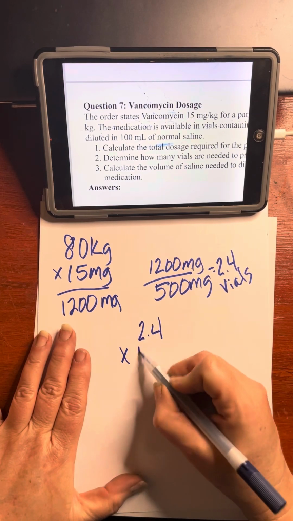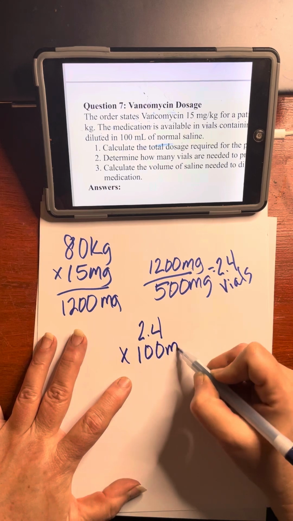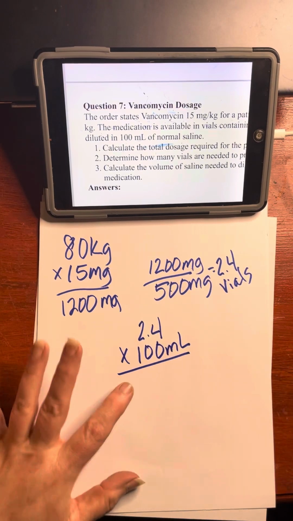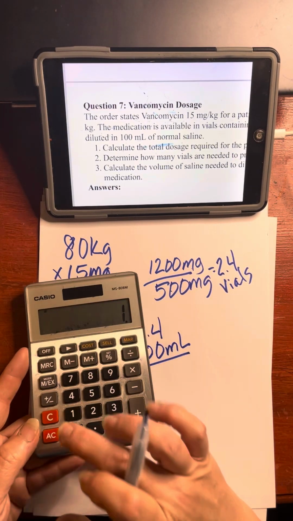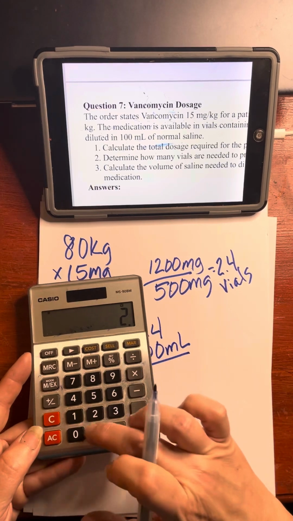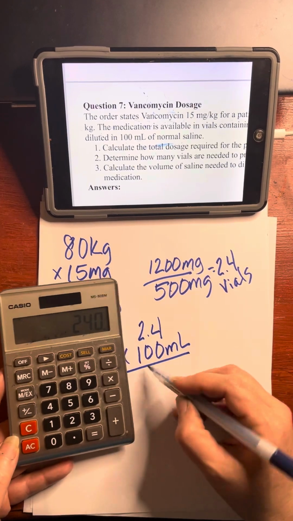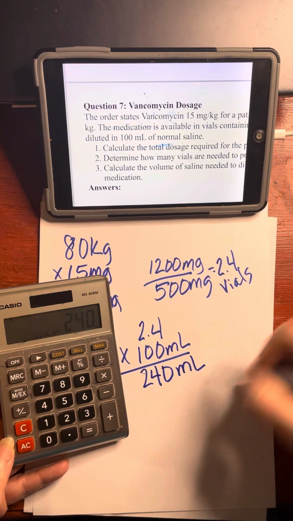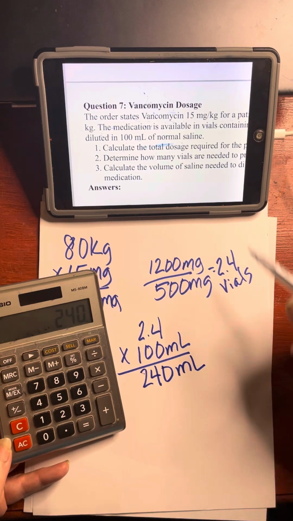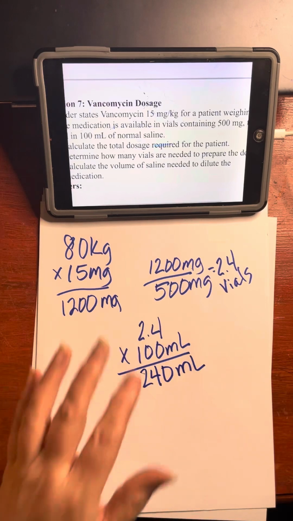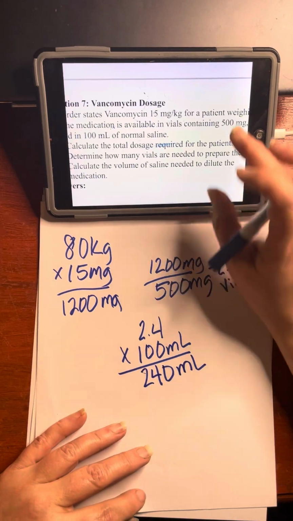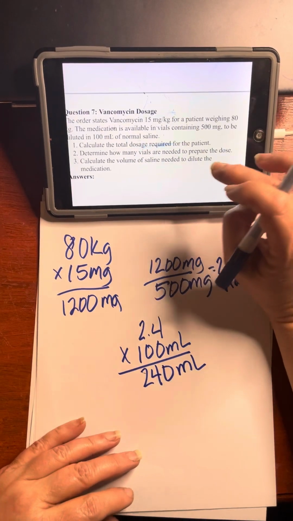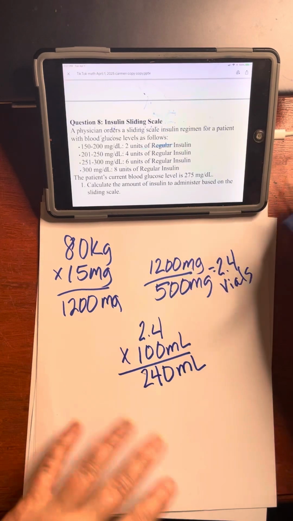And if each vial needs 100 milliliters, we can multiply 100 times 2.4 to tell what the total number of milliliters is going to be required to do all the vials we need, and it's 240. You see that? Help him see it, Lord. He gonna help you. Okay, and then this is the last one.